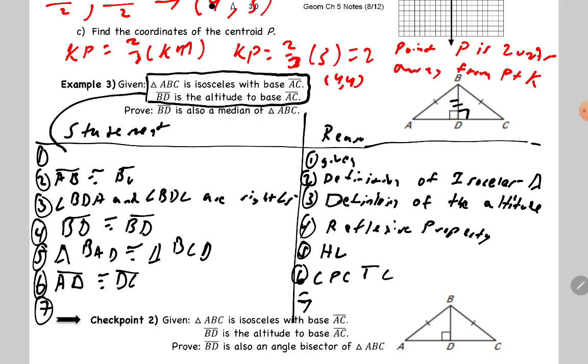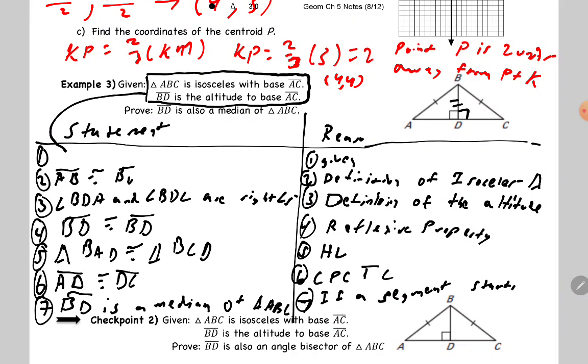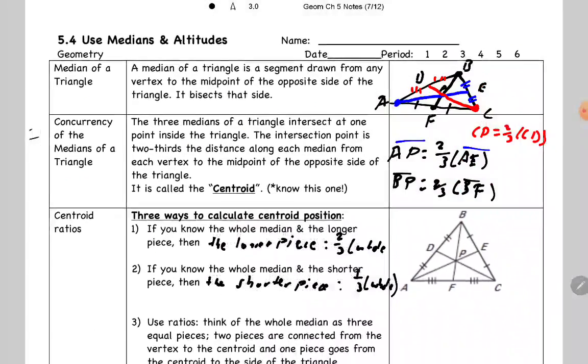And now finally, BD is a median of triangle ABC. So if a segment starts at a vertex and goes to the midpoint, well, basically it's this definition up here, if I can find it.